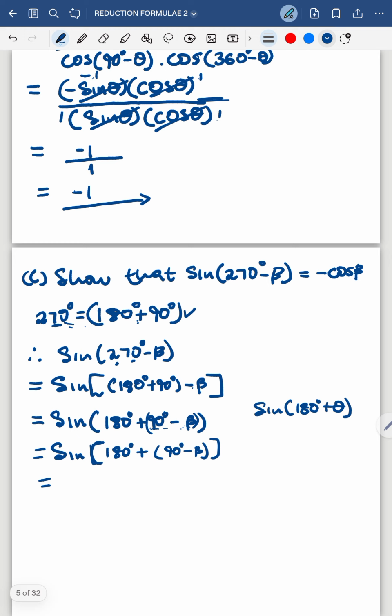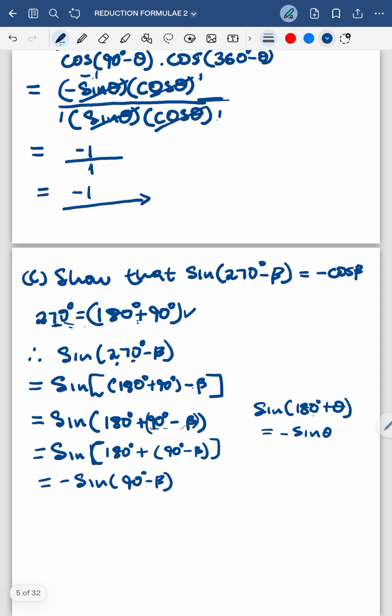So now we have something that we know. What quadrant is 180 degrees plus theta? It's the third quadrant, which means sine is negative. So we're going to have negative sine and that angle, 90 degrees minus beta.